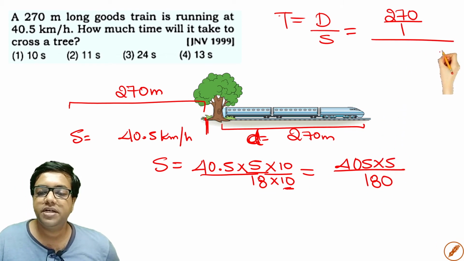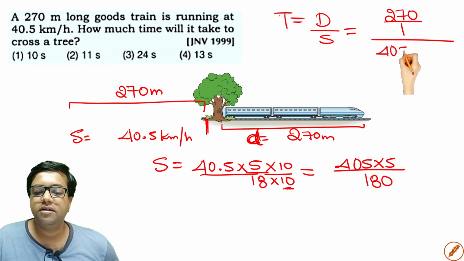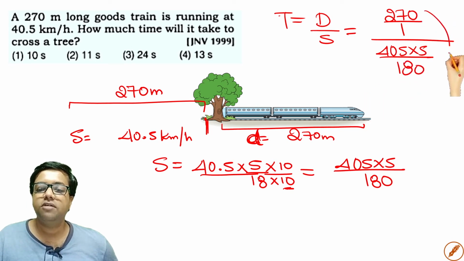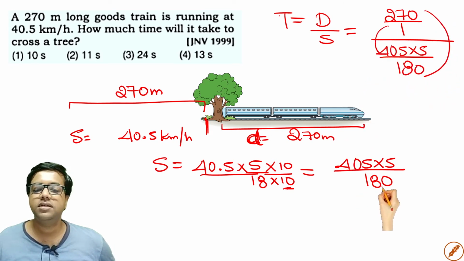And what is the speed? 405 into 5 by 180. So the farther ones get multiplied, the nearer ones get multiplied.